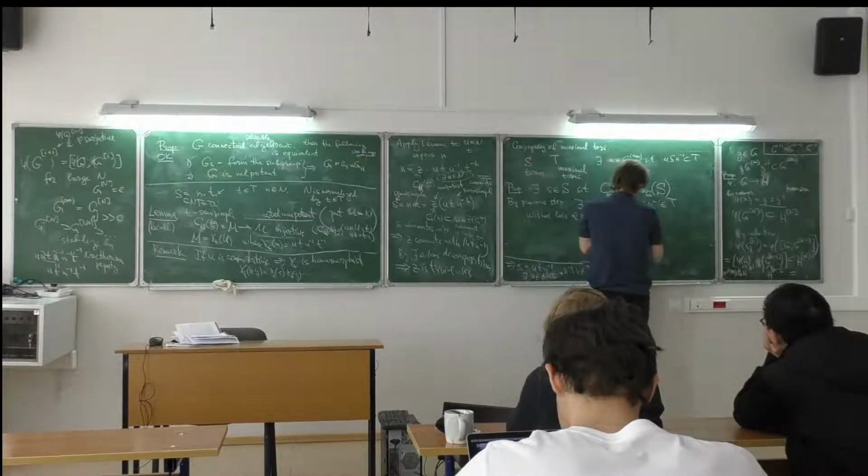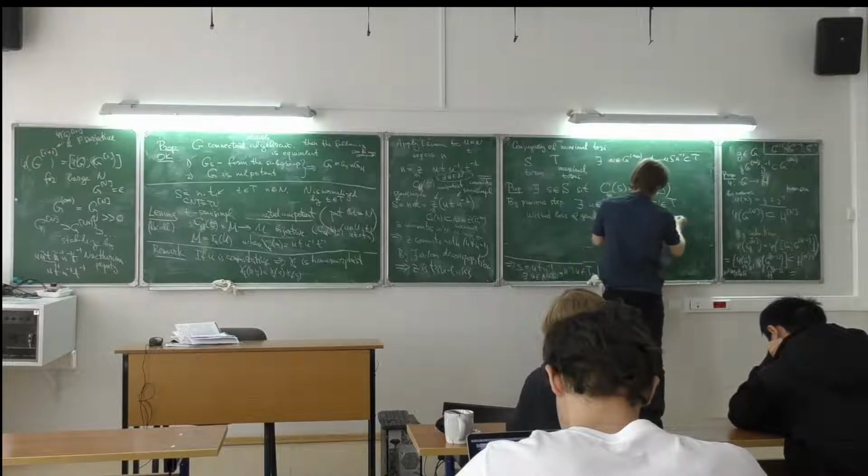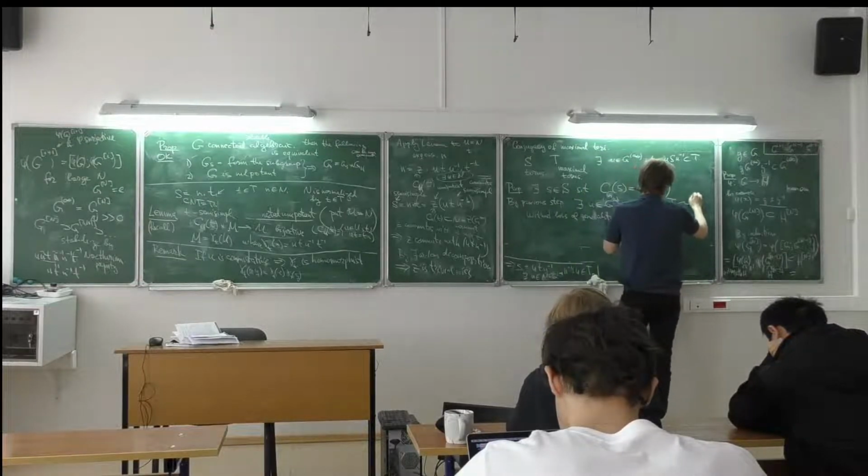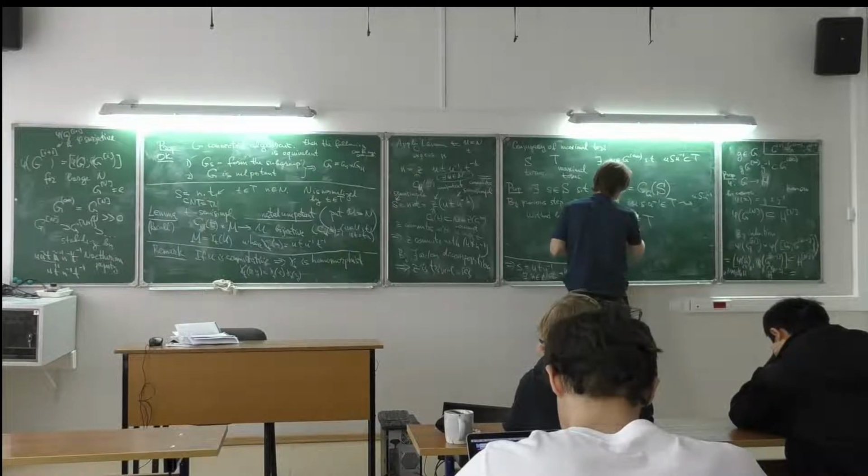You have T, and here you have an unrelated torus S. We change S to be u S u inverse, and you have an element S tilde, which is both inside T and inside S. S is just u S u inverse, and S tilde is just u s u inverse.